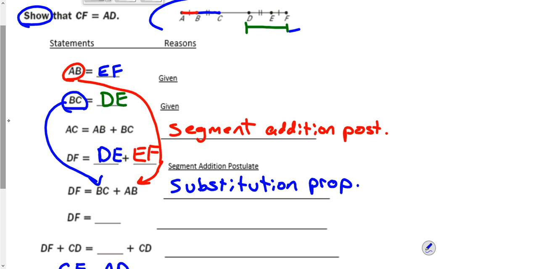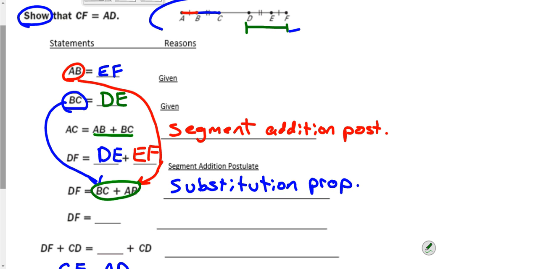Then we need to get from that to DF equals something. Well, if we know DF equals BC plus AB, and we know BC plus AB equals, where else is there BC plus AB or AB plus BC?